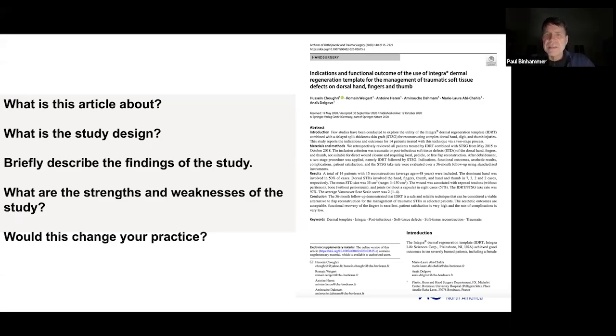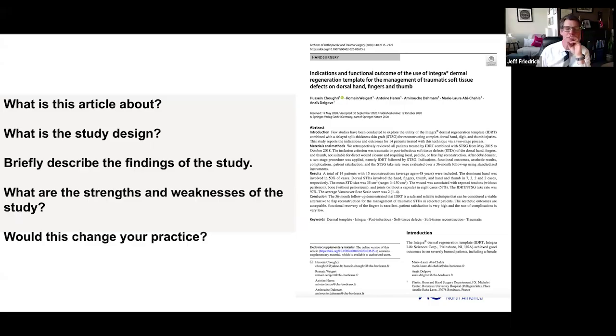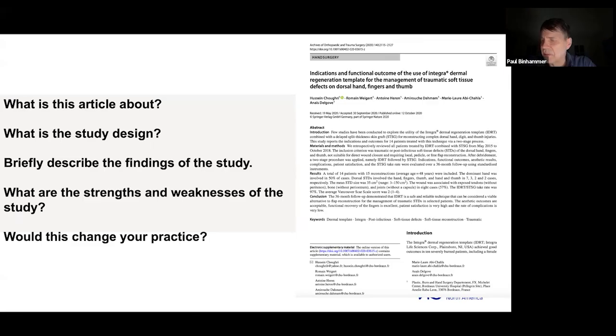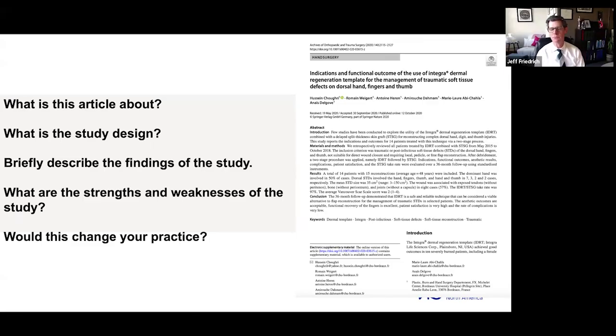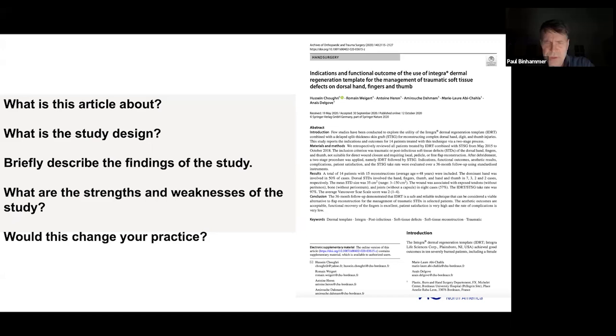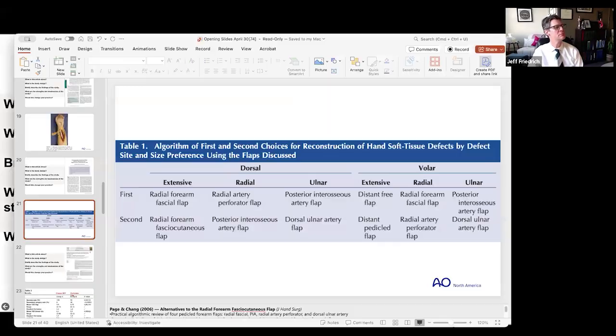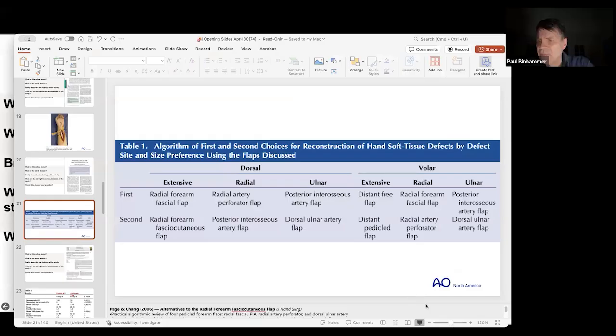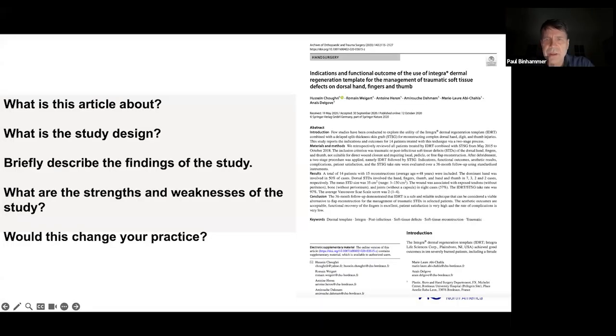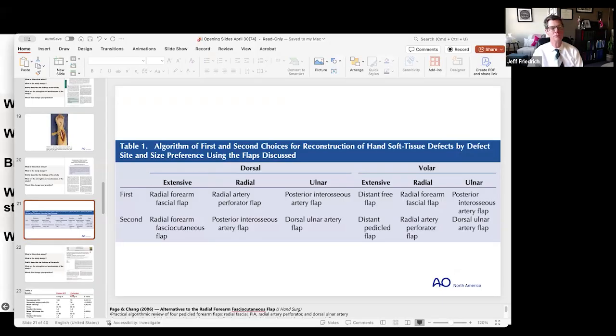So this article is using Integra, but there are other dermal templates, just to be fair to other companies out there, like Matriderm and NovoSorb and AlloDerm, et cetera. But this is, I believe, 14 patients in this study.